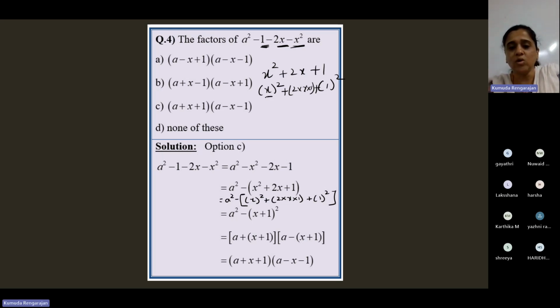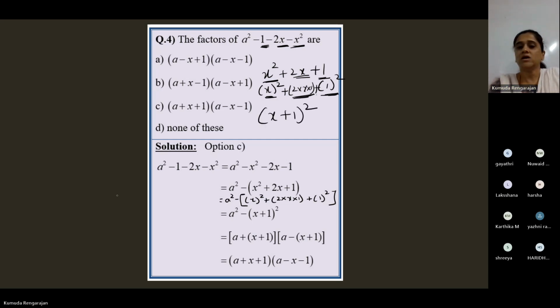X the whole square is x squared, 1 the whole square is 1, and 2 into x into 1 is 2x. So this is of the form a squared plus 2ab plus b squared, which is nothing but a plus b the whole square. So these three terms should be grouped because they make a perfect square.